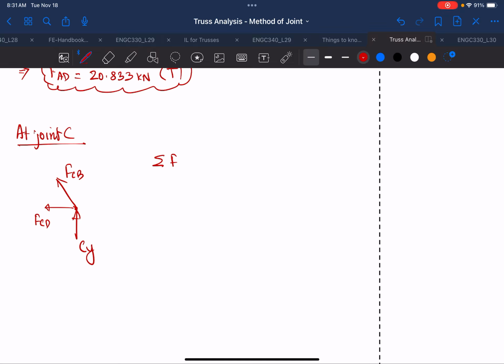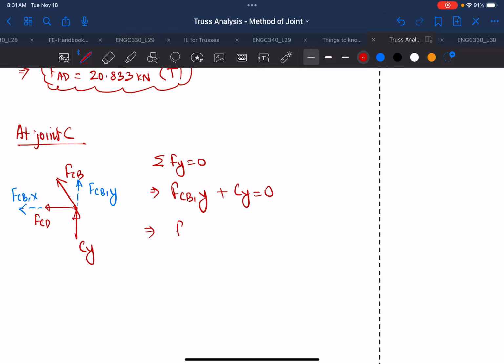So if we take all the forces in y direction, we'll have FCB y plus CY equal to 0.